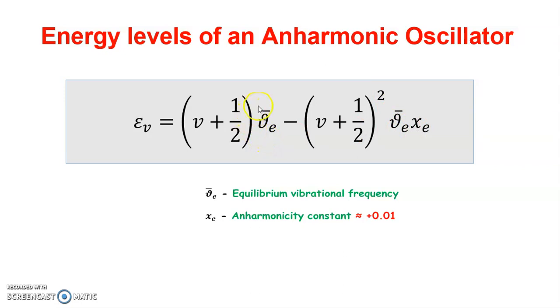Here I am giving the vibrational frequency as ν̄_e because it is the vibrational frequency at the equilibrium position. And the new factor is χ_e, which is known as the anharmonicity constant. It is a small positive value of about 0.01.